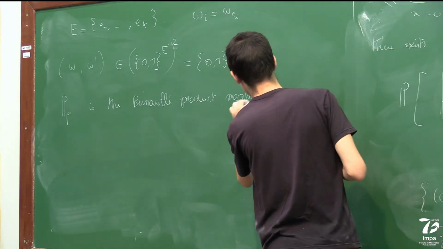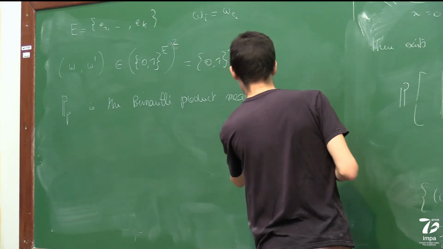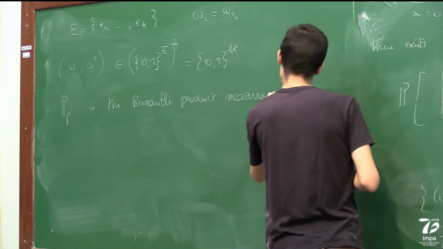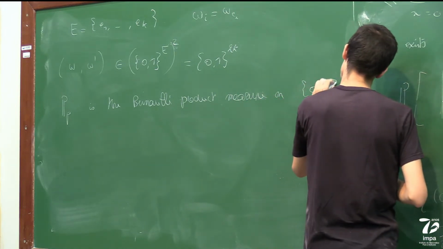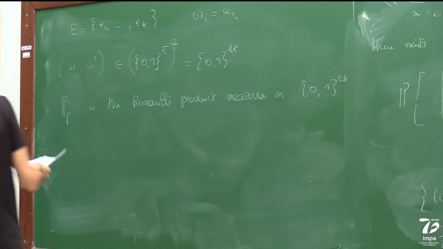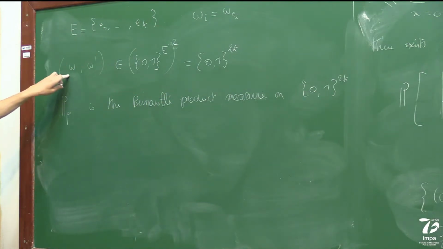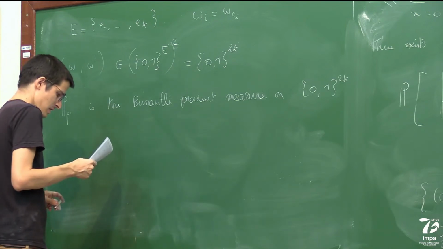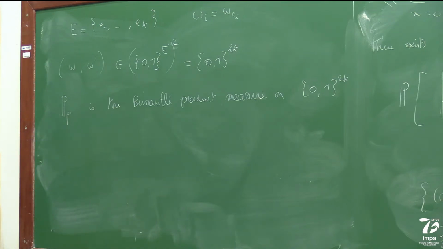Measure on {0,1} to the 2k. So basically, under PP, omega and omega prime are two independent copies of the environment. And now I'm going to define omega hat.